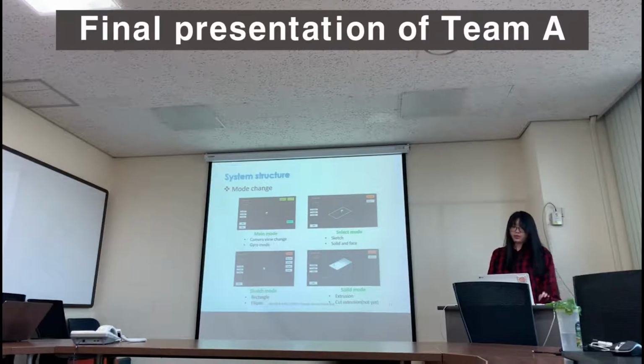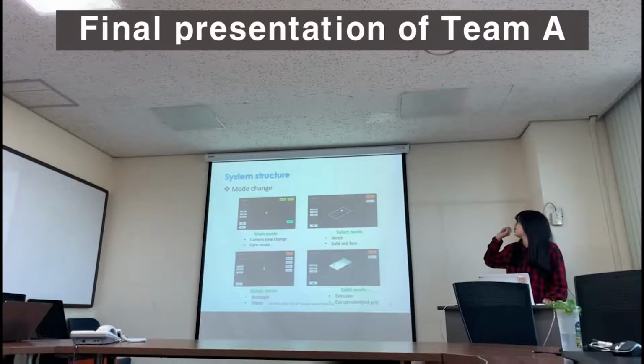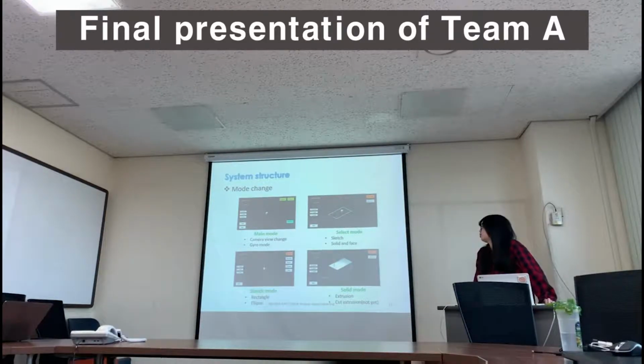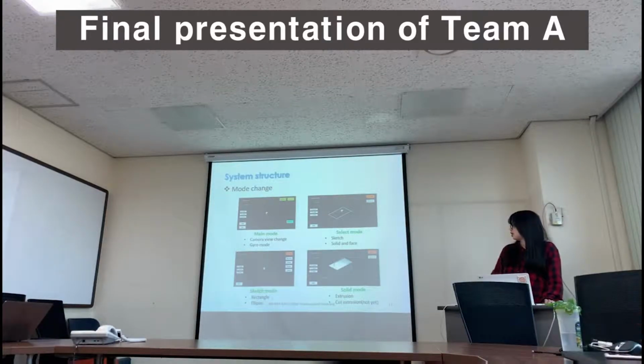And we use mode changing. There are 4 modes: main mode, select mode, sketch mode, and solid mode. Main mode provides camera view and gyro mode, and select mode can be used to select sketch, solid, and face. In sketch mode we can draw rectangle and ellipse, and in solid mode there are extrusion and cut extrusion.